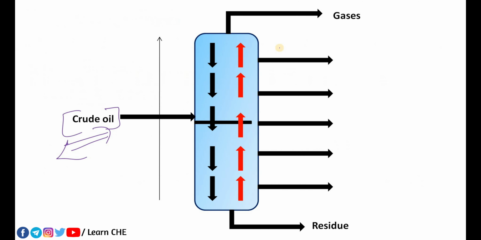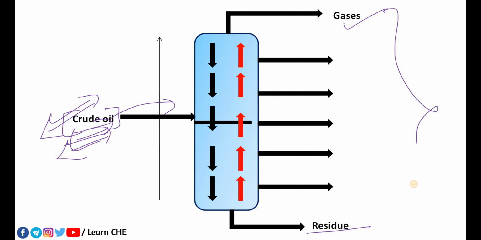You have seen in the picture that we process the crude oil, and by distillation we get different fractions: gases, then naphtha, kerosene, diesel, lubricating oils, waxes, bitumen, then the residue. All these fractions we get because of distillation, and this process is very prominent in the refinery.